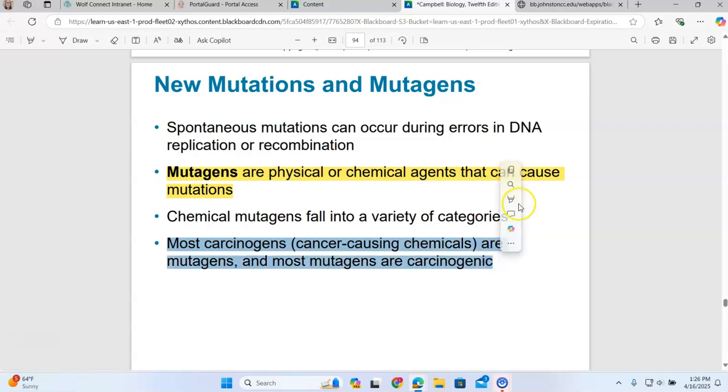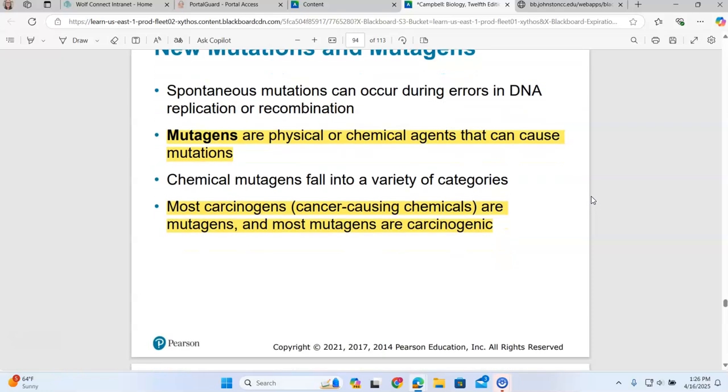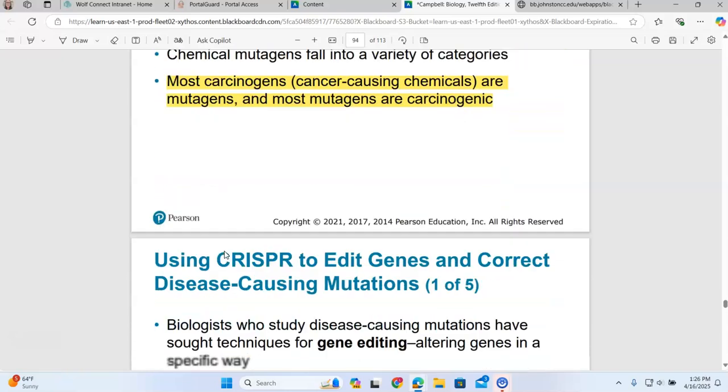All right, so carcinogens are cancer-causing. Mutagens are just agents, physical or chemical substances that can cause mutations. If that mutation leads to cancer, then the mutagen is a carcinogen. So what we're saying is that most of the time, if it's a mutagen, it is a carcinogen. It is cancer-causing. And most of the time, if it's a carcinogen, it causes cancer by causing a mutation in the DNA.